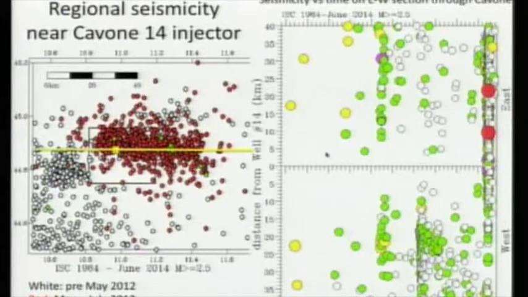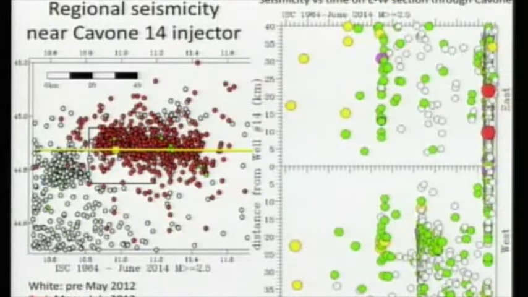We can't be definitive about that result because these are ISC locations and we don't know how well, the accuracy of these is larger than the size of the symbol. Okay, so I do not know that these earthquakes did not happen in the Cavone field, but something like that would require, of course, better earthquake locations, which I think is part of what we've heard is going to happen.